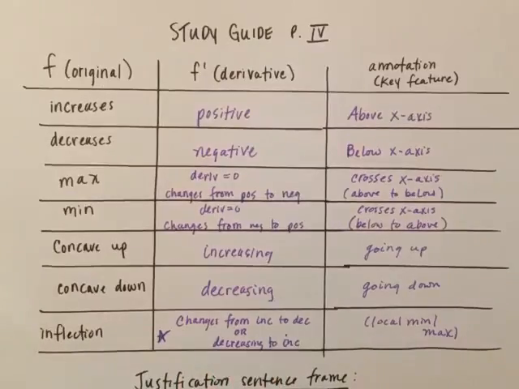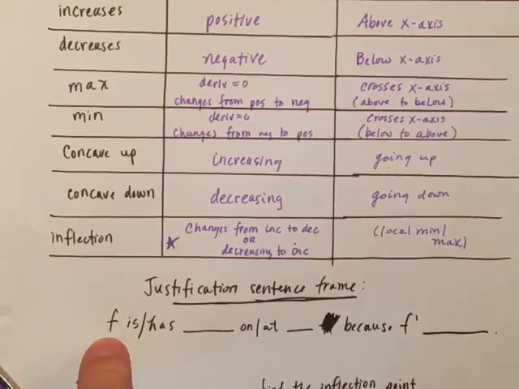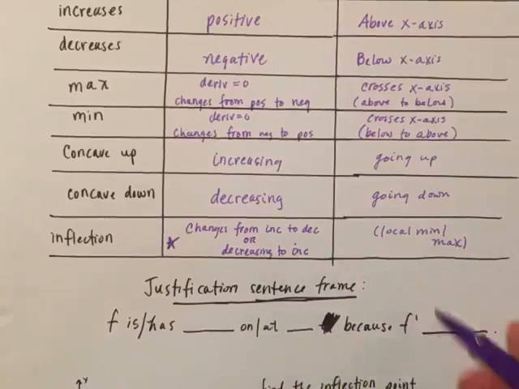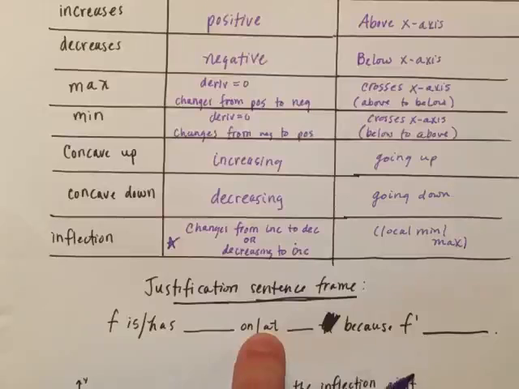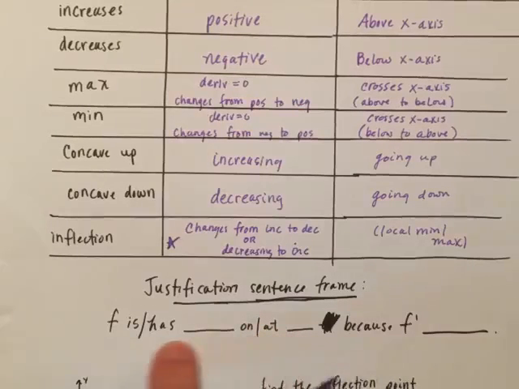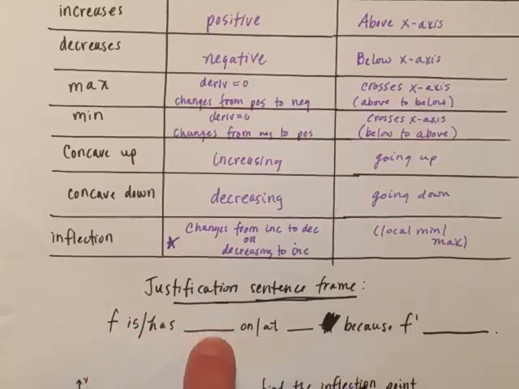So some sample sentence frames. Here's one of them. Sorry about the scribble. It's going to drive people crazy. We're going to start by flipping the stem and end with our justification for what f prime is doing. So for f, we're going to state a claim: f is or has something, on or at some point or some interval. So if it's increasing, we'll say f is increasing on, and we'll list the interval.